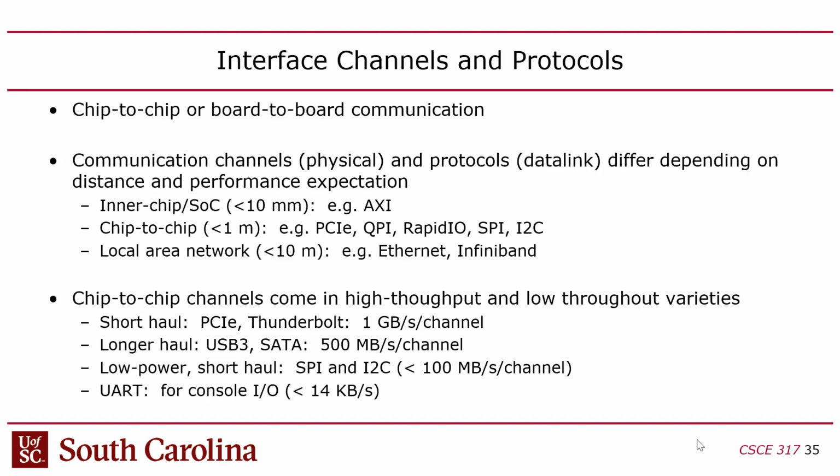When I talk about interface protocols, I mean any type of communication that's done between chips or between circuit boards or between modules, or even inside a chip, like on a system on chip.